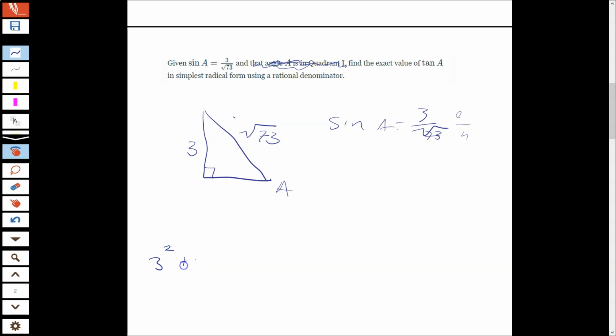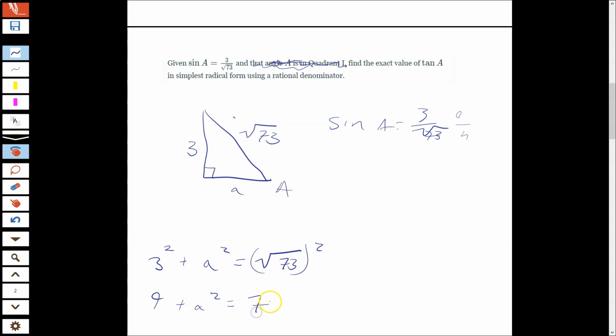So 3 squared plus, I'm going to call this A for adjacent, 3 squared plus A squared equals root 73 squared, because that's our hypotenuse now. Okay. Now, 9 plus A squared equals, this is a common error I see, square root and squared cancel out.